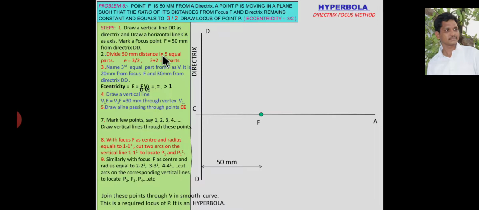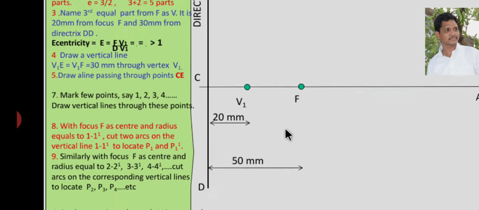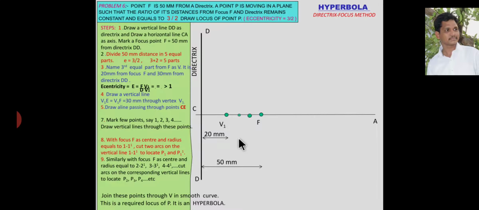Now the eccentricity E is equal to 3/2. Therefore the sum of numerator and denominator is 3 plus 2, equal to 5 parts. So you have to divide this CF line into 5 equal parts like this and mark the third equal part from focus as vertex V1.